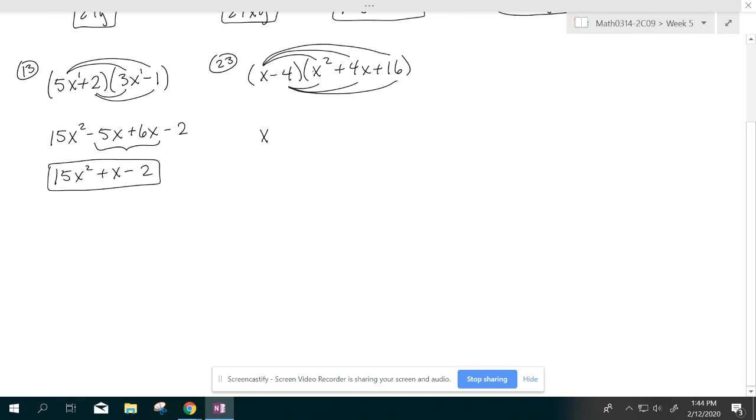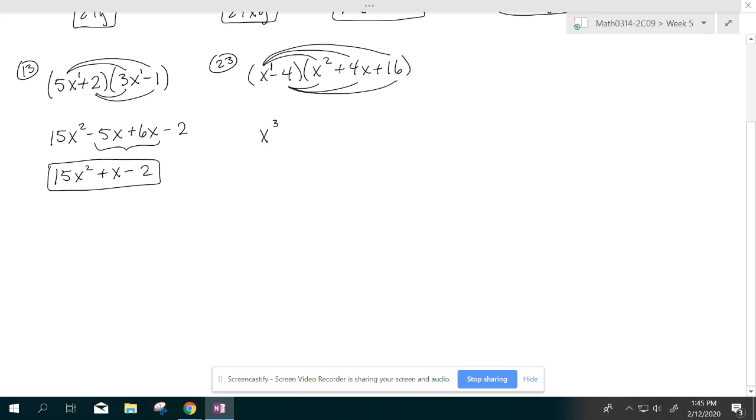X cubed. Squared is a power of 2. Cubed is a power of 3. And this, yeah, x to the 3rd is okay. X to the 3rd means x cubed. Yeah, because this x has a power of 1. And when you multiply letters that match, you add their powers, okay? So that's where the 3 comes from.